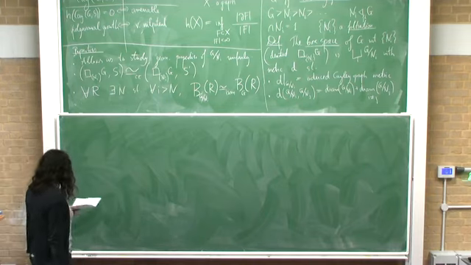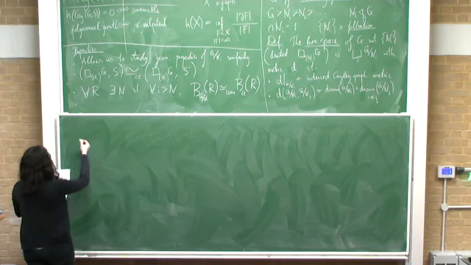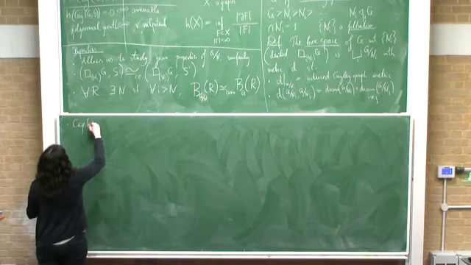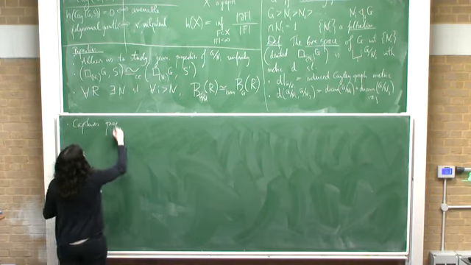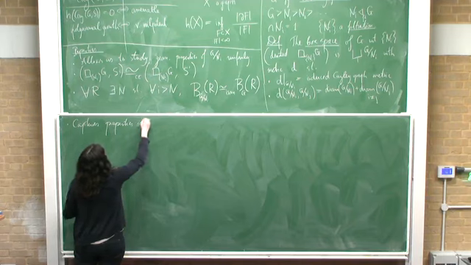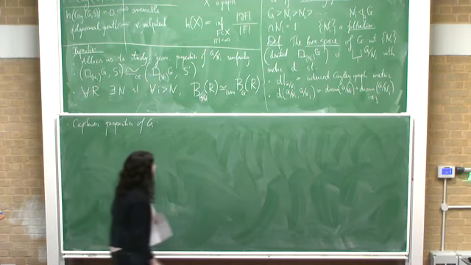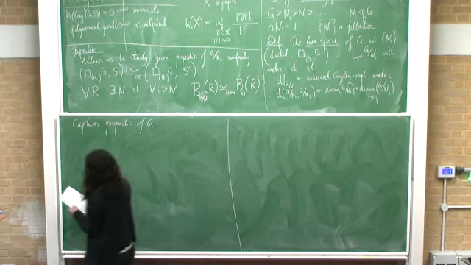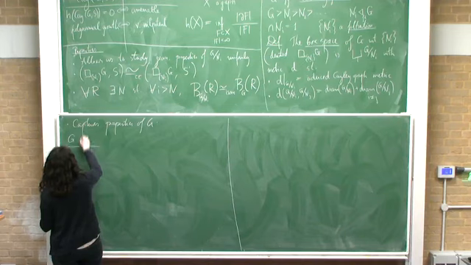Okay, so let's give some examples of how this captures properties of our group. So again, let's have a little table.